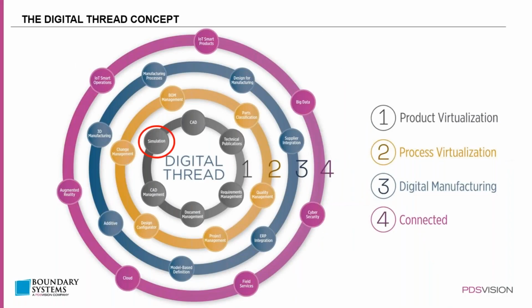Now I'm going to briefly touch on this digital thread concept. We can see this map here. The inner ring is core capabilities. We're going to talk about simulation here, but we can see CAD. So that would be Creo, CAD management, Windchill. And going out from there, we have different implementations of technology to connect all of these departments.